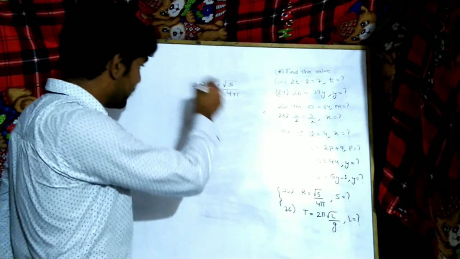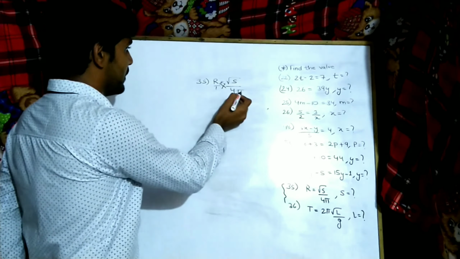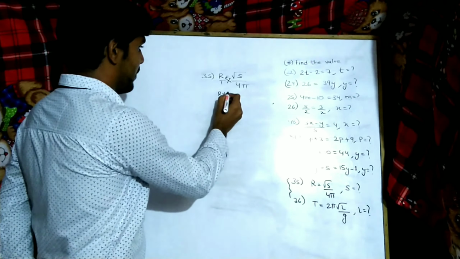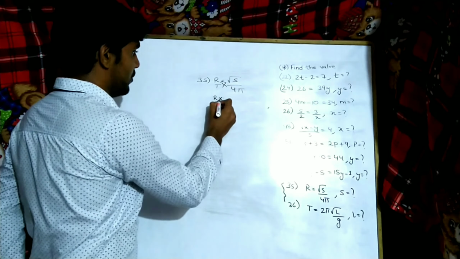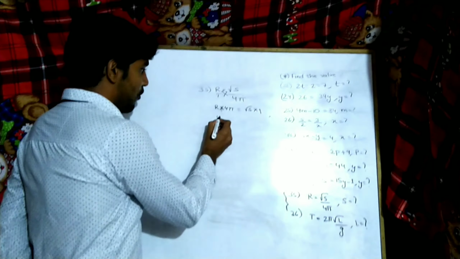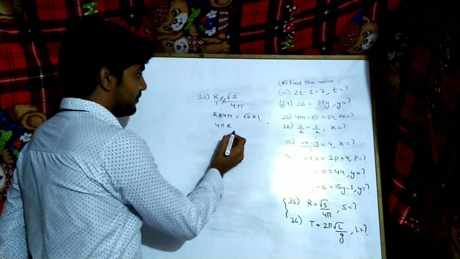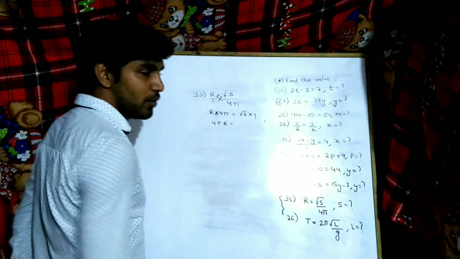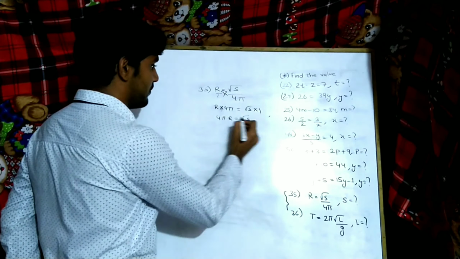So just cross multiply. R into 4 pi is equal to root s into 1. Can I write like this? Now can I write 4 pi r directly is equal to root s into 1, root s only. Okay.